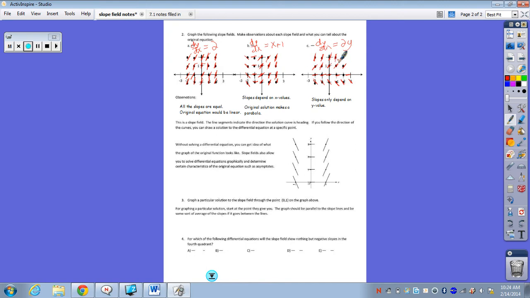So they should all be parallel when the y's are the same. Okay, and if we drew a general solution, if I follow kind of along the curves, a general solution would be something like this. And so if we think about what curve that makes, the original equation would be an exponential function.